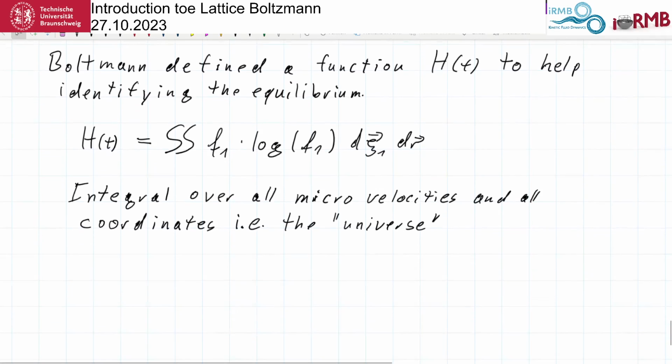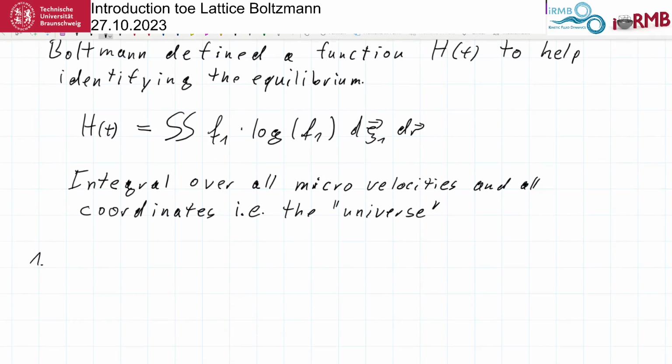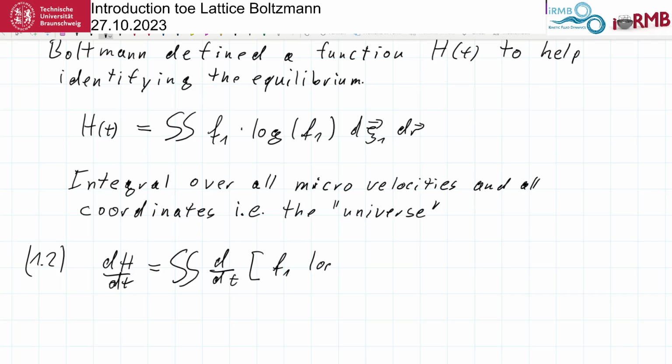So now what we do, or this is what Boltzmann did, we take the time derivative of this guy and we drag the time derivative into the integral, dt f1 and the logarithm of f1, and we integrate this. So you notice what I did.